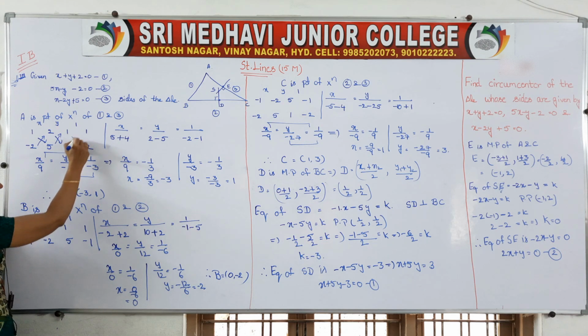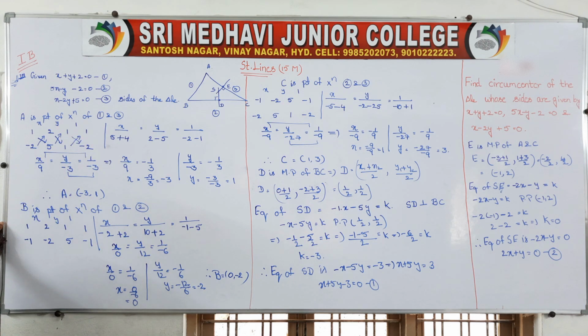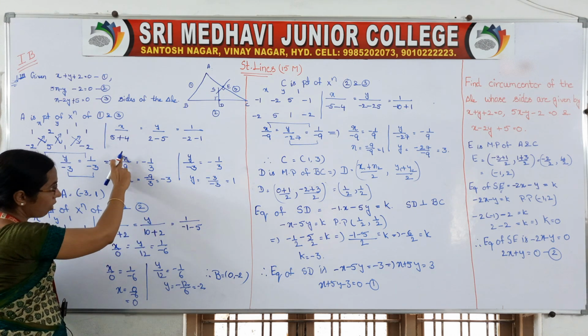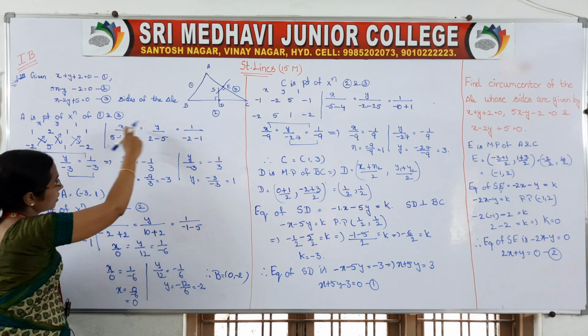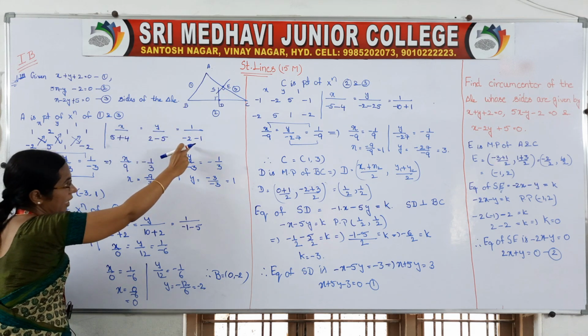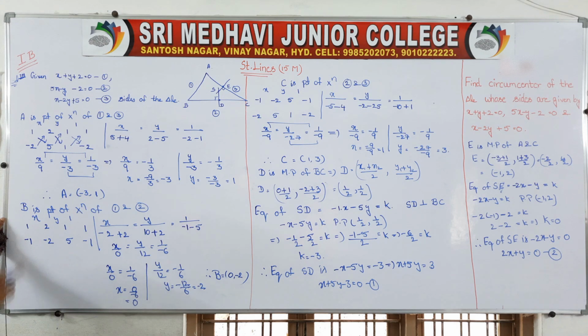This is called the cross multiplication method. So with that you will get your x and y. Once you take the x term and constant term, and the y term and constant term, you will get your x and y. That is your first A.